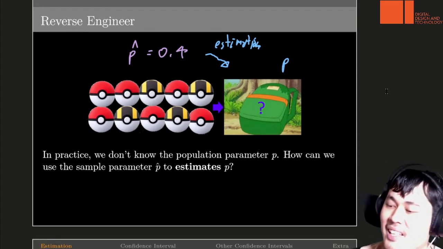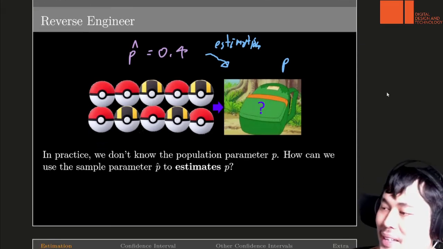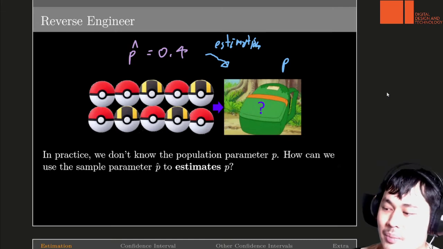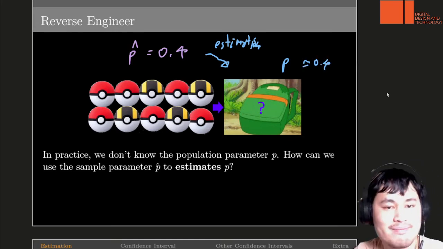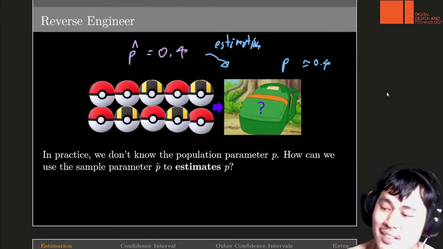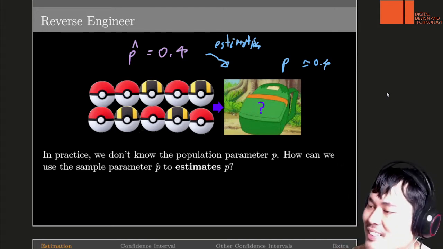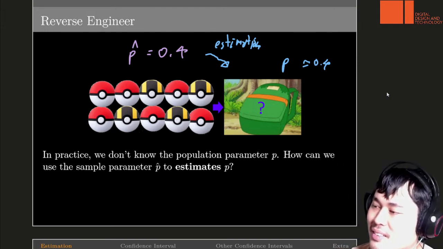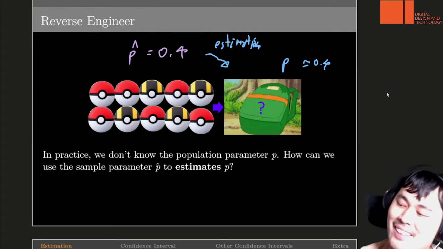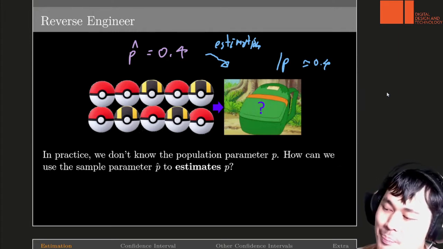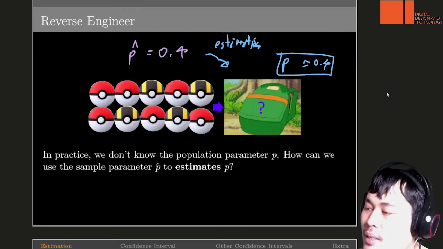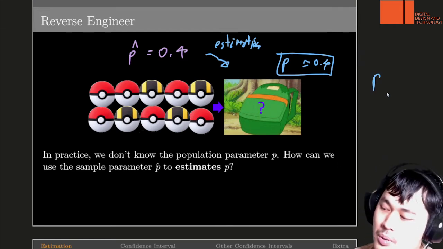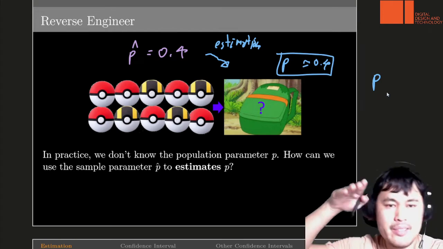And if you use no math at all, based on this one, you may say, oh, it should be about 0.4. Of course, that's a rough estimation, just a naive estimation. But 0.4 by itself doesn't make sense, because in fact you would expect to have some error.